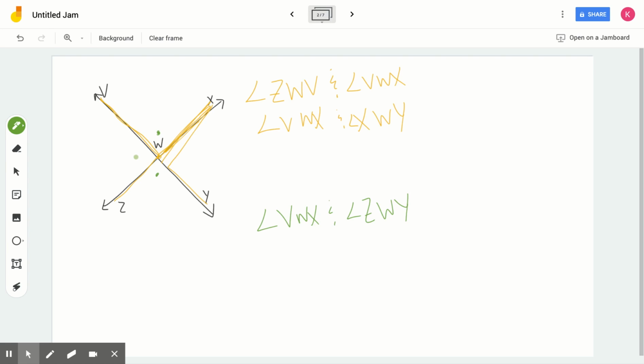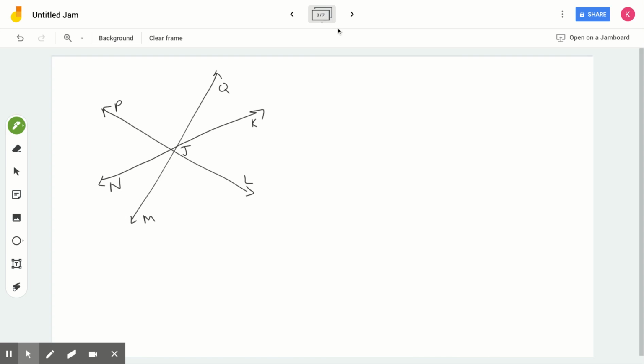Or we could say, I'm going to note these a different way here, we could say VWZ and angle XWY are also vertical.